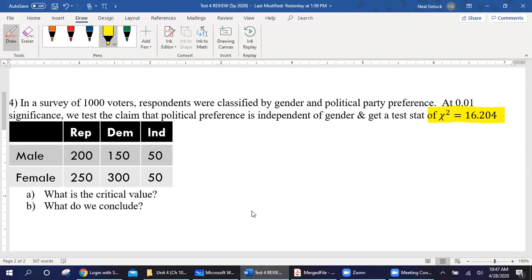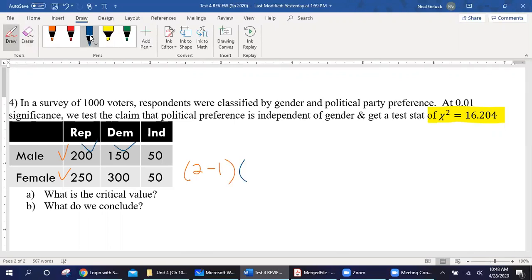So my critical value, that's based off my degrees of freedom. Now remember, when we're doing degrees of freedom with a contingency table, it's rows minus 1. There are 2 rows of data, so 2 minus 1, times columns minus 1.